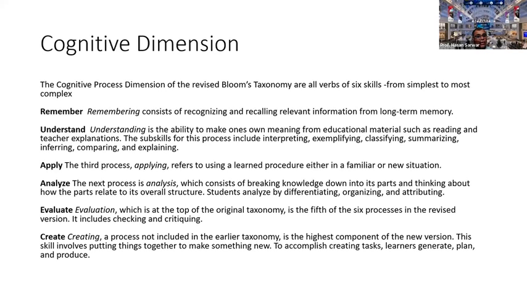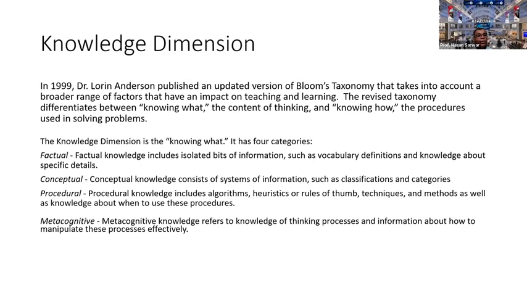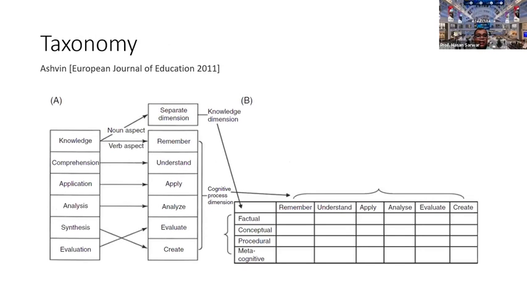So we found the cognitive dimension and we found the knowledge dimension. Here, Ashwin has created a taxonomy where these two dimensions have been merged into a table. So you can see here that this is the earlier Bloom's taxonomy and this is the changed version. Knowledge has been replaced with remember, comprehension with understand, application with apply, analysis with analyze, synthesis by create, and evaluation with evaluate.